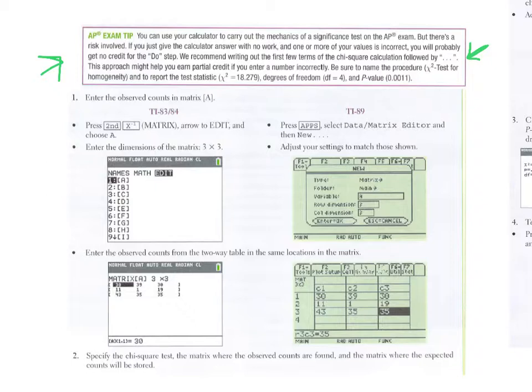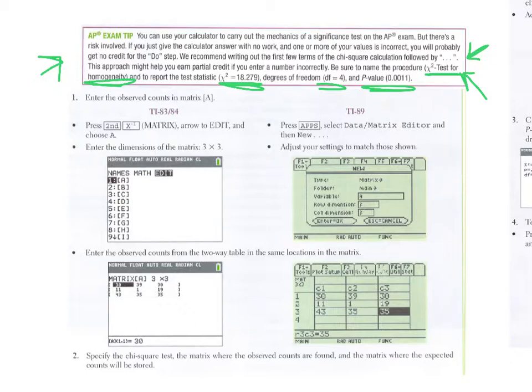Name what you did on your calculator. Always give that test statistic, degrees of freedom, and the p-value. And we're going to add to your inference chart and make note of the things that you need to make sure you say.